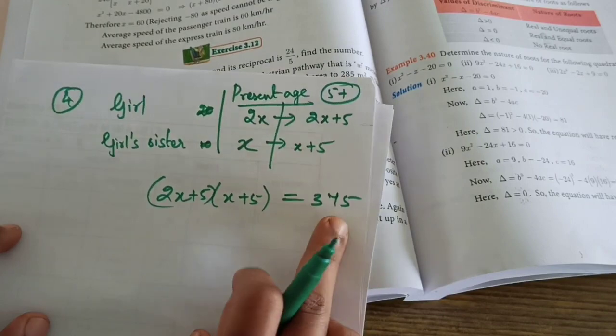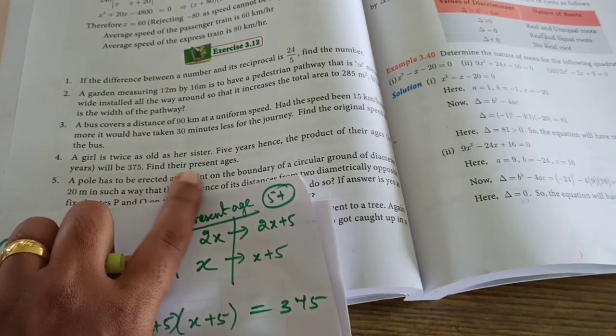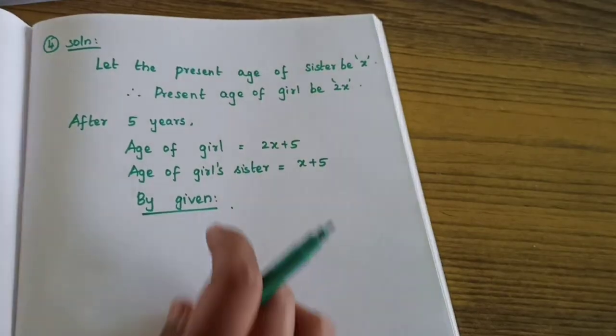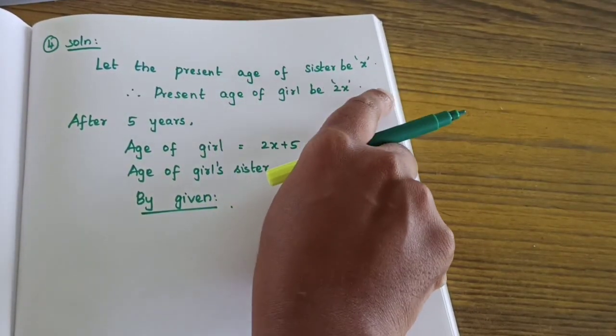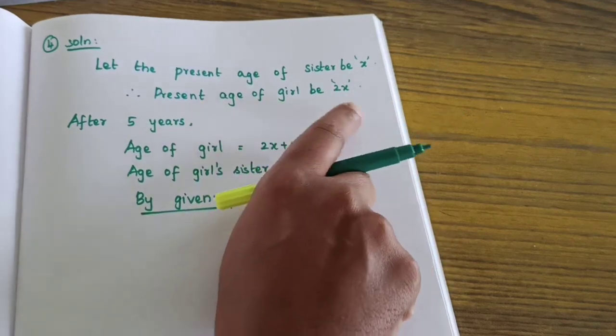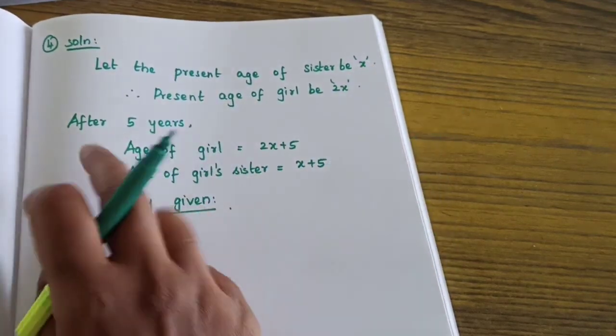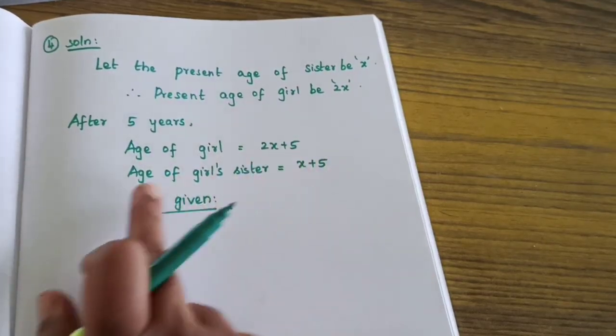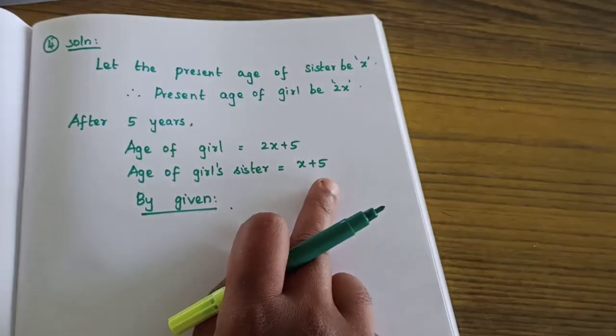So the product is 375. We need to find the present ages. Shall we solve now? Listen dear students. Fourth question. The present age of sister be x. So the present age of girl be 2x because twice, no. Then after 5 years, the age of girl be 2x plus 5 and the age of girl's sister be x plus 5.